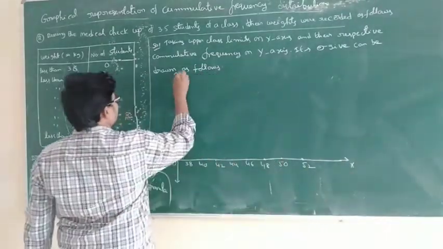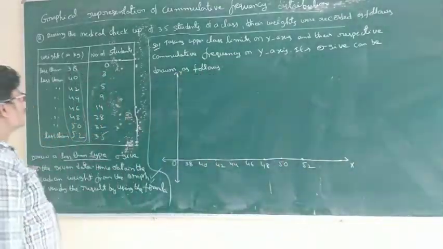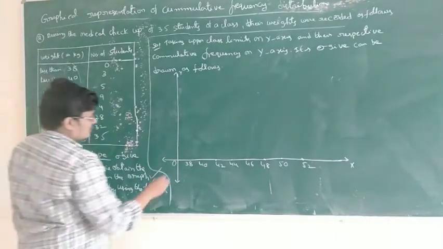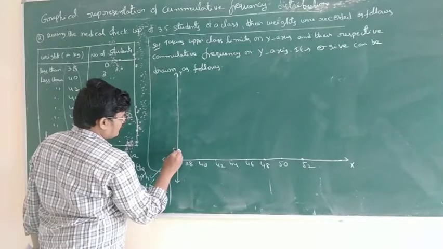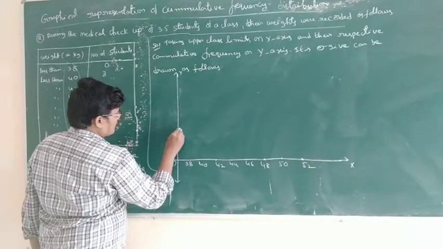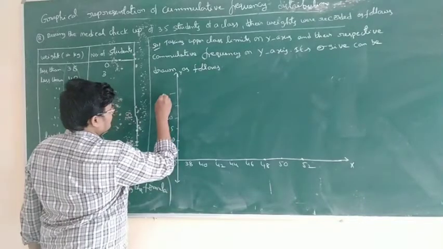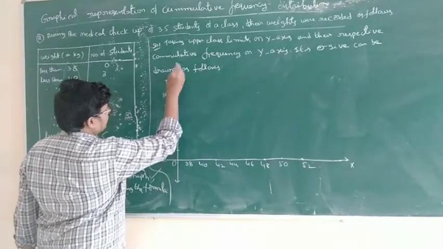On the y-axis, the cumulative frequencies from 0 to 35: 5, 10, 15, 20, 25, 30, 35.